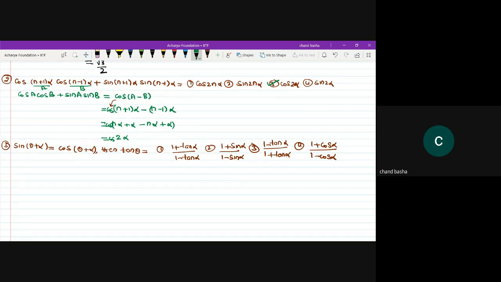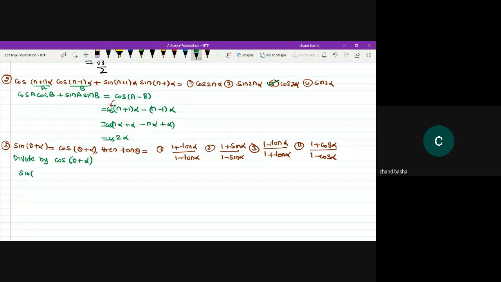So let us divide both sides of this equation by cos of theta plus alpha. Why are you dividing? To get the tan function.